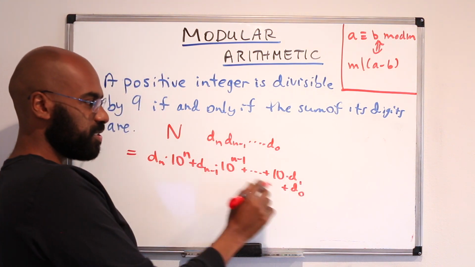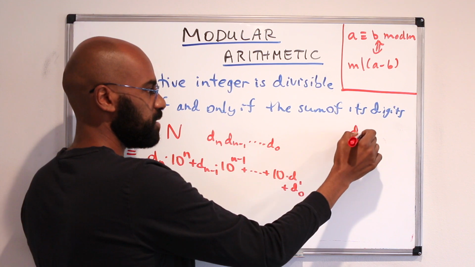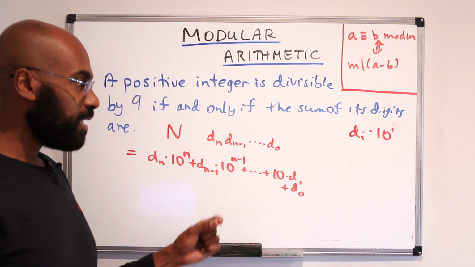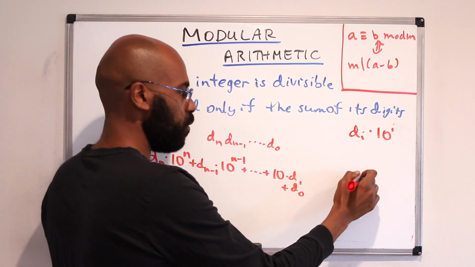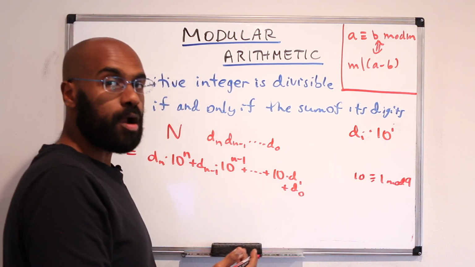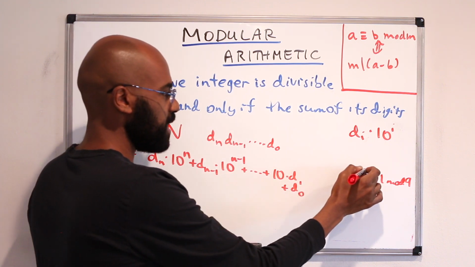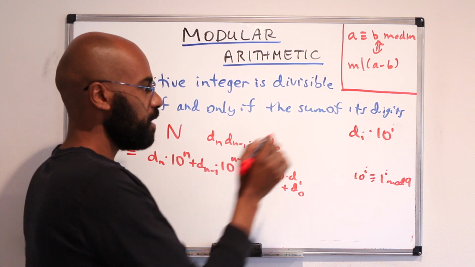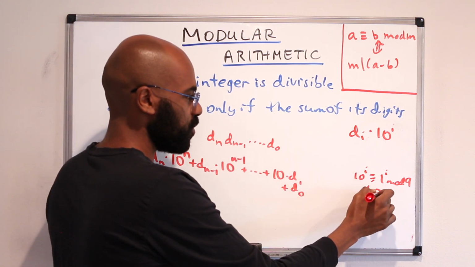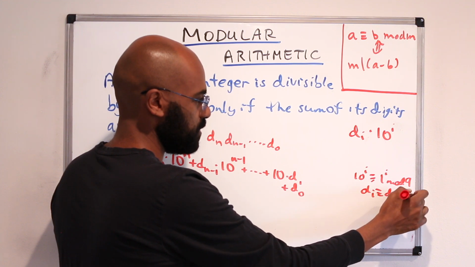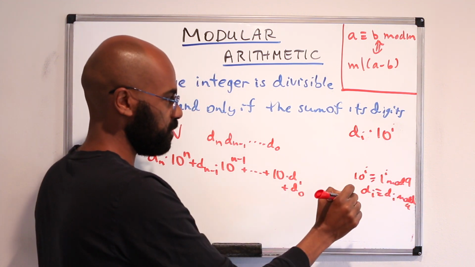Okay, so let's look at one of the summands here, di times 10 to the i. Now since 10 is congruent to 1 mod 9, by applying our powers rule, 10 to the i is congruent to 1 to the i. And di is congruent to itself mod 9, since the difference between di and itself is 0, which is a multiple of 9.